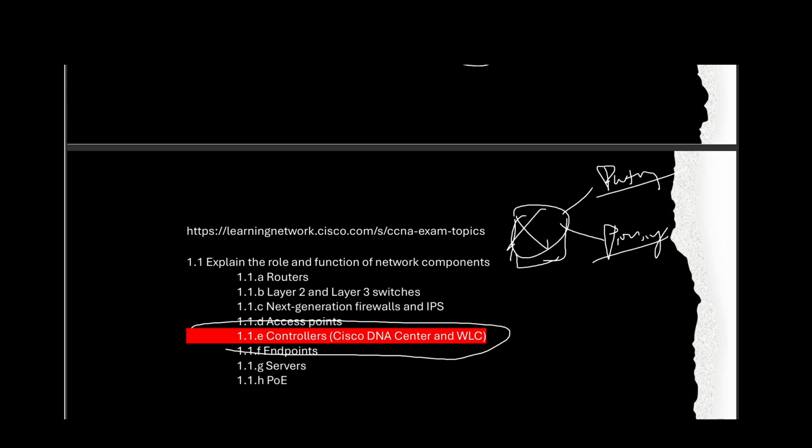Now with controllers, this is how we set up networks right now. You have your physical devices, and then you will have a controller that will manage the routing of all those devices. So right now, the only thing these devices do is send packets and receive packets, and all the configuration and routing will be handled by a certain device, which is called a controller.